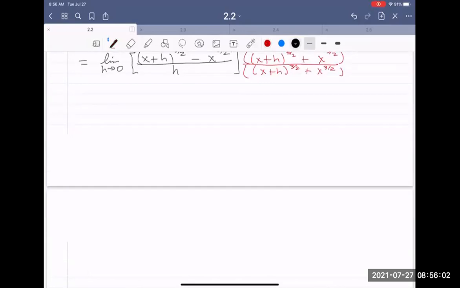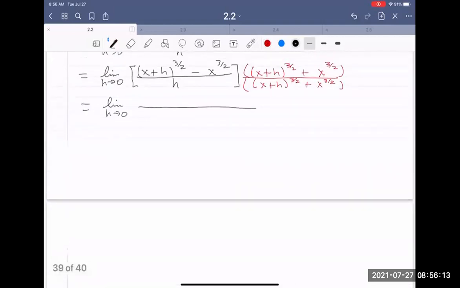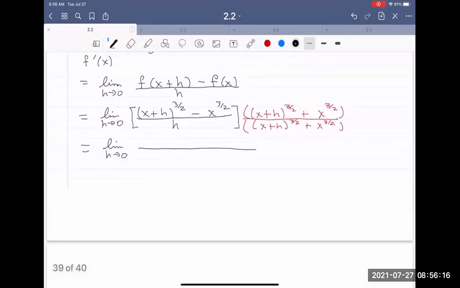So this is the limit as h approaches 0 of, well, I have the product of the sum and difference of two terms. Therefore, it's the difference of squares. The square gets rid of the 2 in the denominator. So this is just x plus h cubed minus x cubed, all divided by the denominator, x plus h to 3/2 plus x to 3/2.